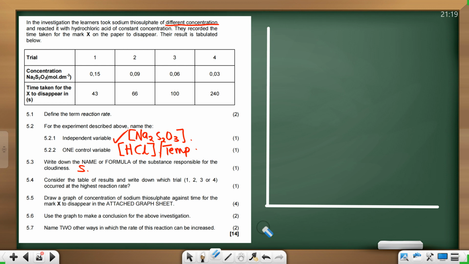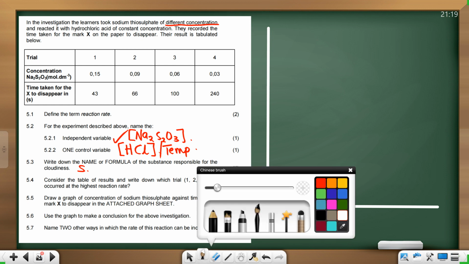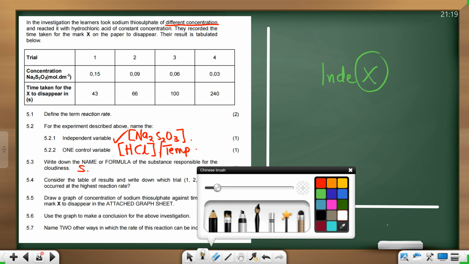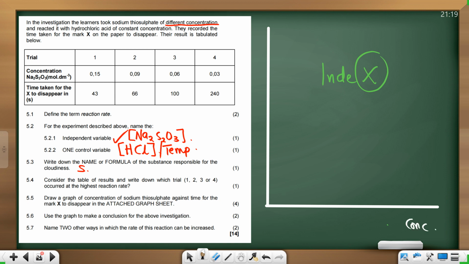The independent variable is our concentration. Okay, that's very important. I always use this index. I think I spoke about this. Independent on the X. So here, I just read the instruction and I carried on. Concentration and time. That's a very good one there that I missed. All right. Thank you, Nonku. Independent always on the X, index.